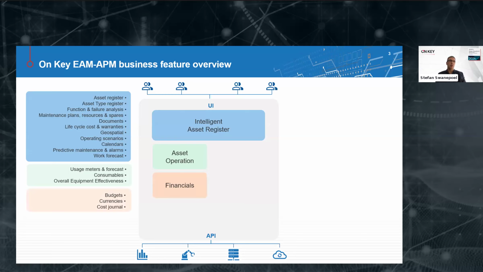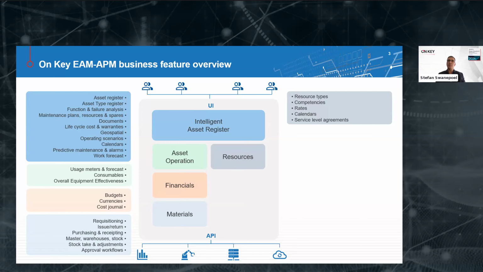Then financials, the master data and transactional data to keep track of costs around your assets and work being completed on the assets. The materials part, all the materials necessary to perform work, the requisitioning of the material, issue and returning, spare parts for work orders, the issue and return, also the goods receiving, taking stock, all those types of things that are necessary to operate a good technical warehouse that supports your EAM.